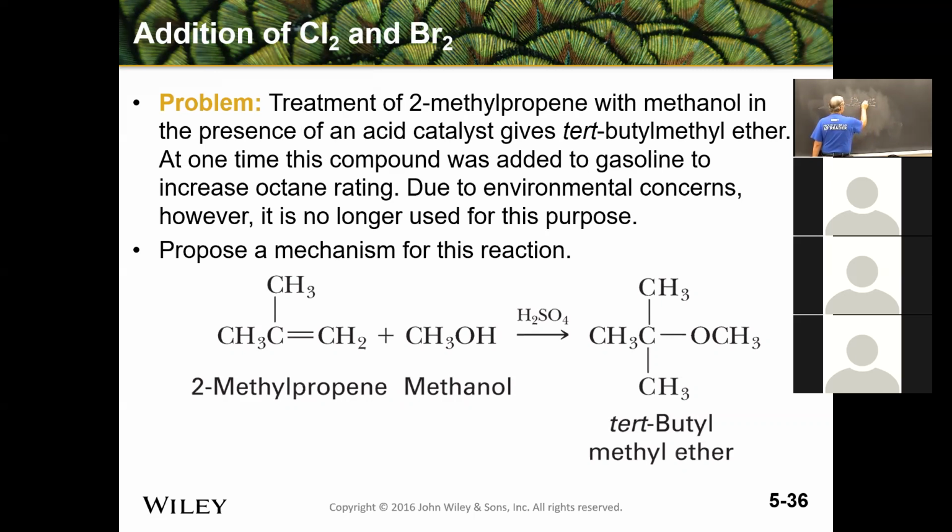So the double bond is electron rich, and it's an electron pair donor. This pair of electrons will shift up onto the oxygen. We will get our tert-butyl cation.